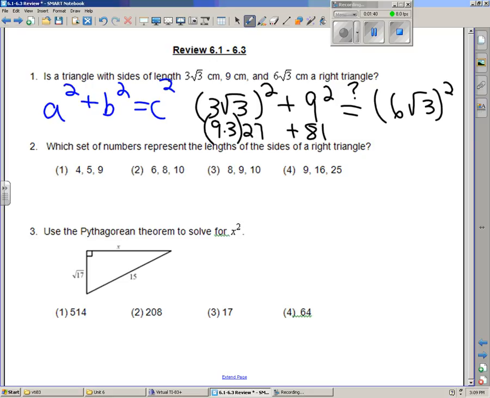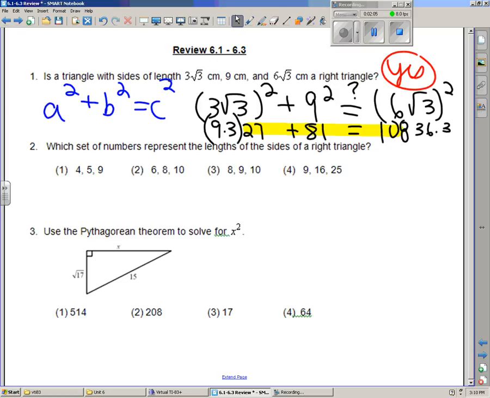So then 27 plus 81, what's that going to equal? Well, 6 rad 3 squared becomes 36 times 3, which is 108. Well, does 27 plus 81 equal 108? And it sure does. So this would definitely be a right triangle.